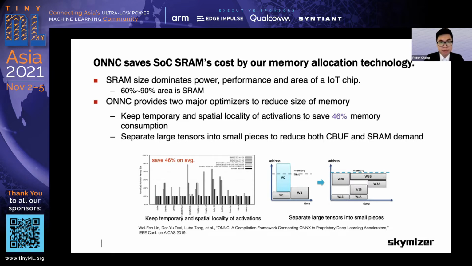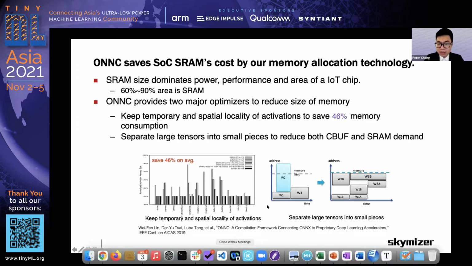And ONNC provides two major optimizers to reduce the size of memory. The first one keeps memory temporal and spatial locality of activations, which saves 46% memory consumption. And the second one is we separate large tensors into small pieces to reduce both CBUF and SRAM demand.